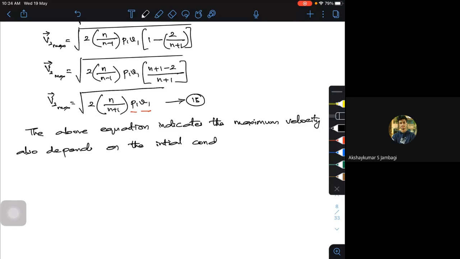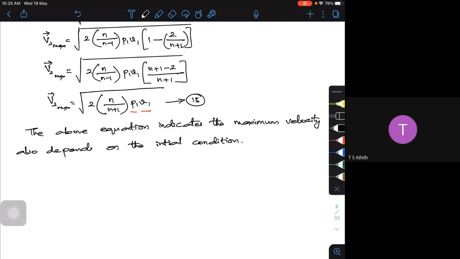Whether it is a dry condition or superheated condition, everything is there. Are you getting it? So this is how you can get the expression for your mass flow rate, critical pressure ratio, all those things.